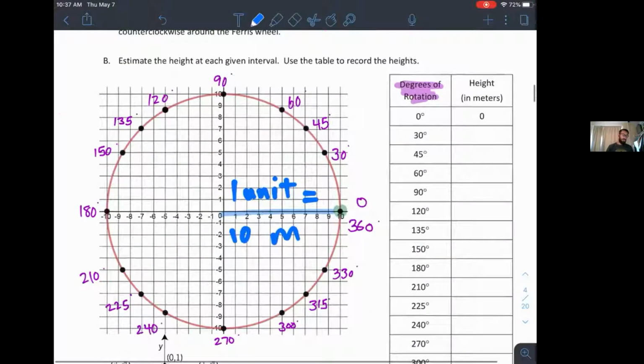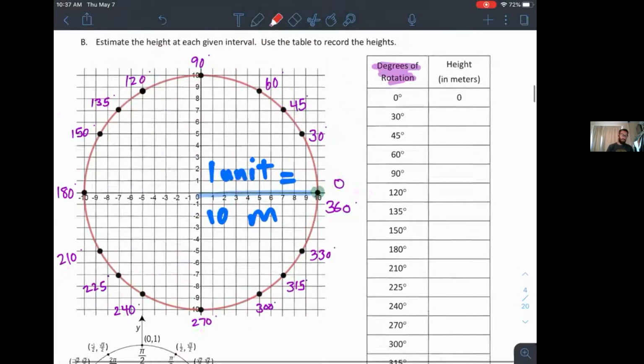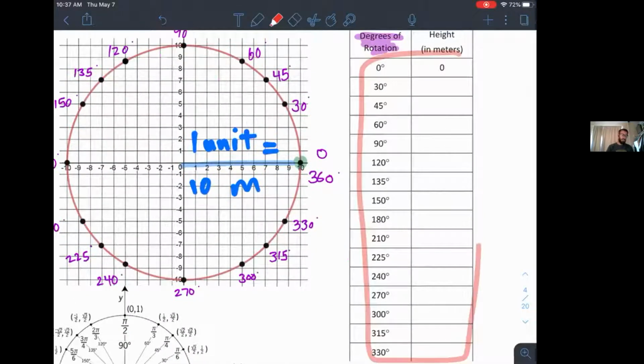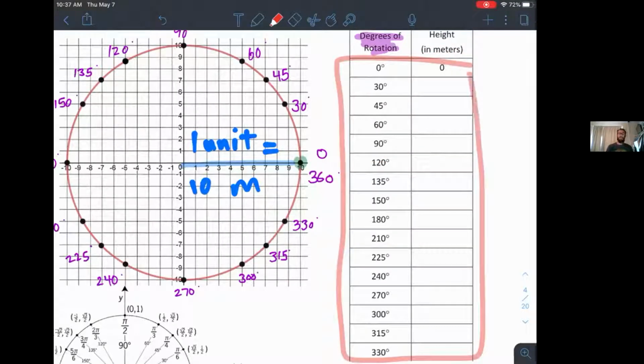So effectively, all we need to do, and I say all, and it sounds kind of crazy, is fill out this huge box here, which is just a function table, and then we can use that to graph a function on the next page. I kind of highlighted this whole table originally.